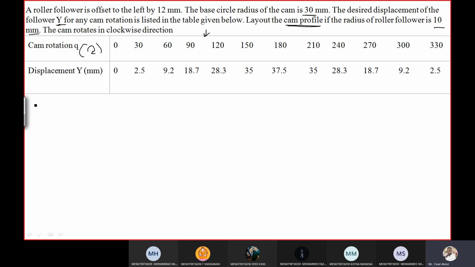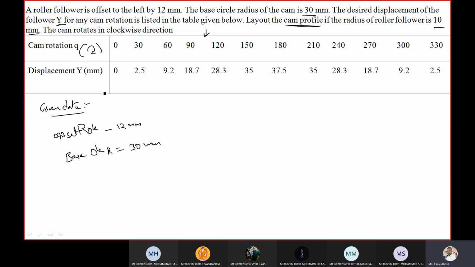So first write the given data. What is given? The offset circle radius is 12 mm, and the base circle radius is 30 mm.